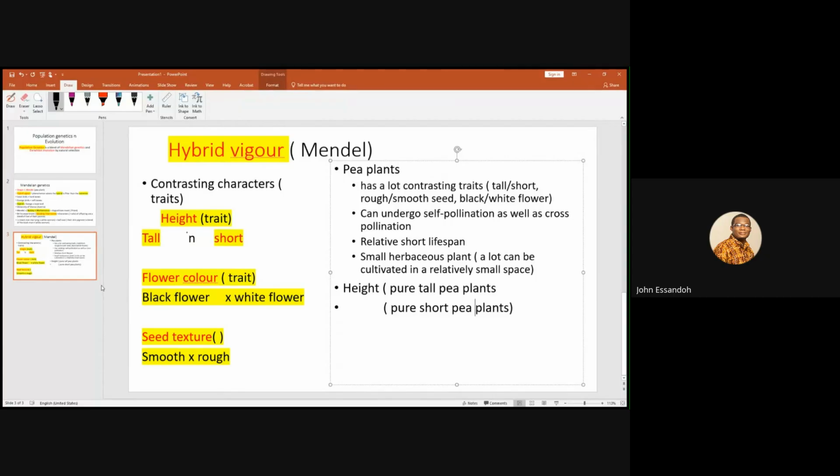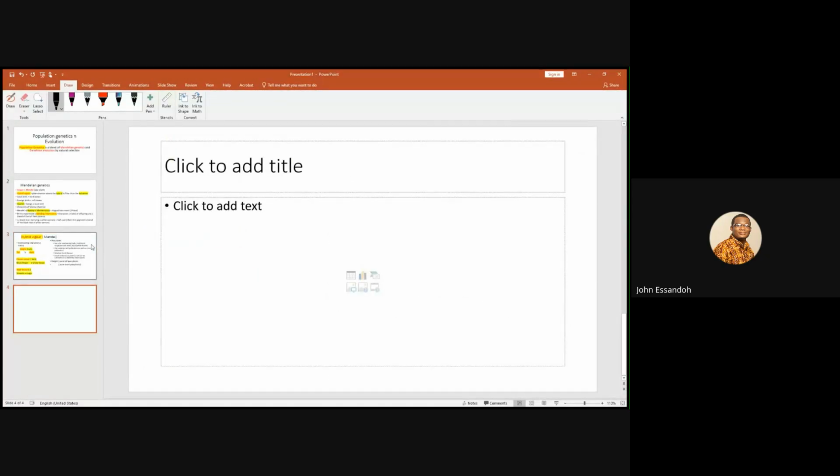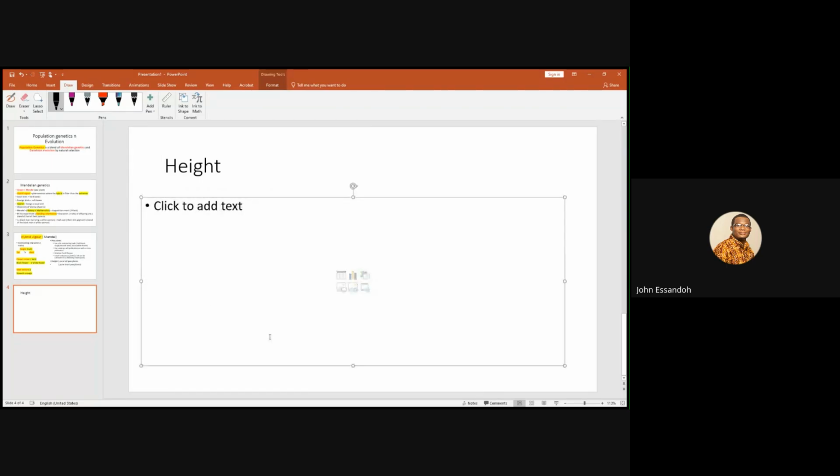So let's see what he's going to do. So let's go to the next slide. Okay, so let's say now I'm going to take height alone, just height. So now Mendel has this plant, the pea plant. And then we are considering one trait for now. Okay, all right. Now let's see.